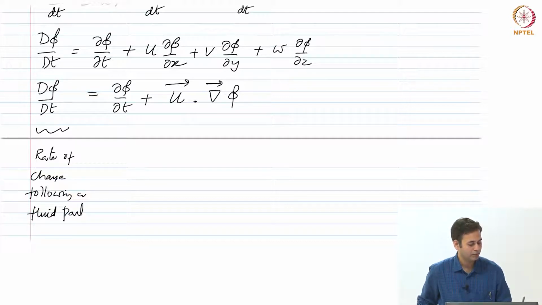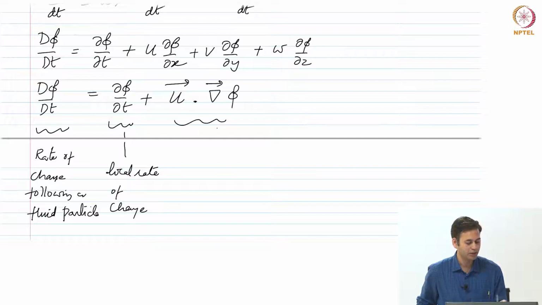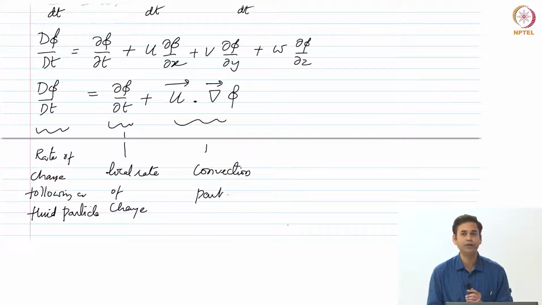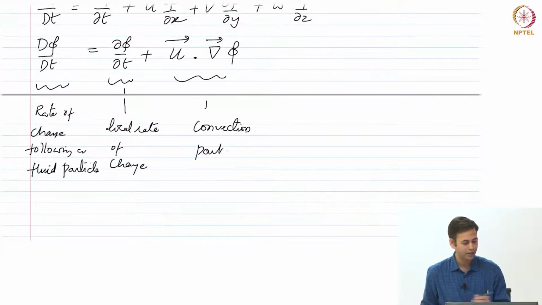This would be the local rate of change, and this would be the convection part of the change in phi. So this is the convection part. So we now have two expressions for the same quantity. On the left hand side, what we have, we call it as what?